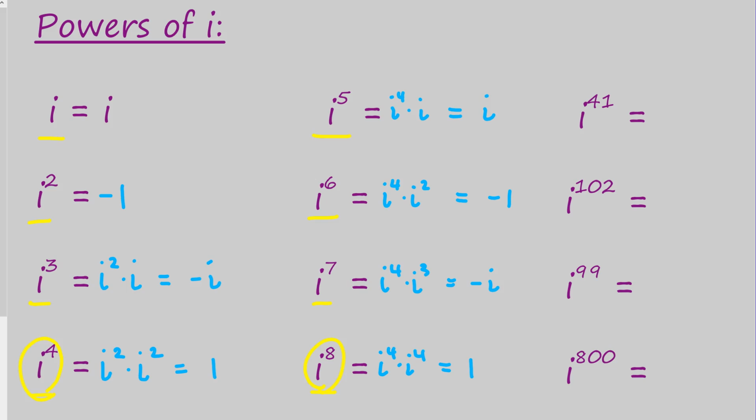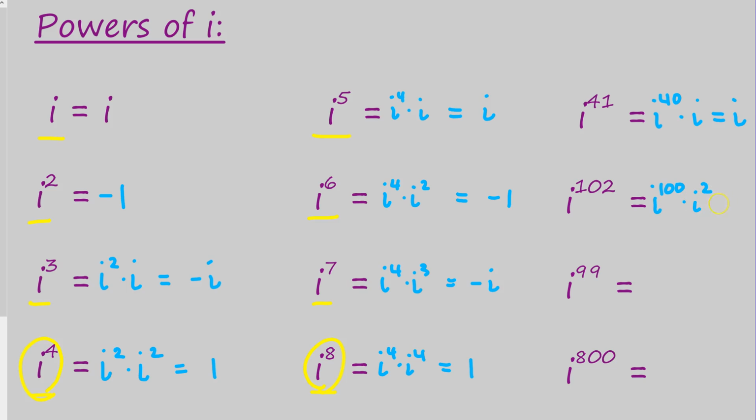i to the 41st, you could think of that as i to the 40th times i to the first, and i to the 40th, since 40 is a multiple of 4, is just 1. So that would be equivalent to i. i to the 102nd, you could think of that as i to the 100th times i to the second, since 100 is a multiple of 4, and i to any multiple of 4 is 1.